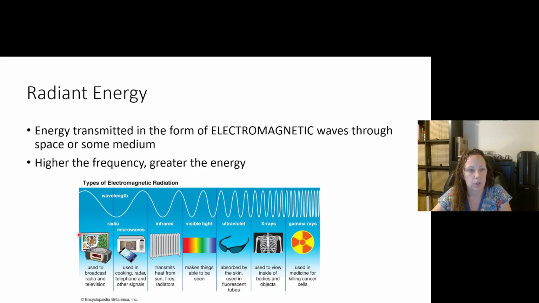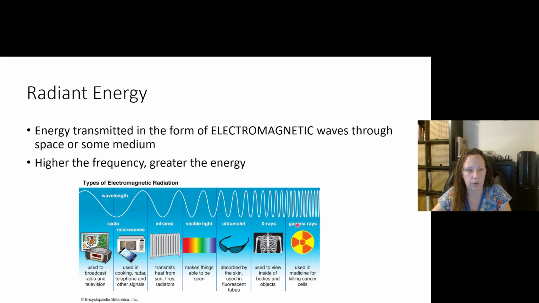Okay. So in radio waves, there are much fewer waves per second that are occurring across the space. Okay. Versus gamma rays, there are a lot more. So this is a higher frequency. You get more waves for the same amount of time. And this is low frequency.